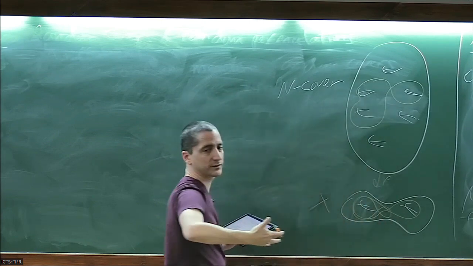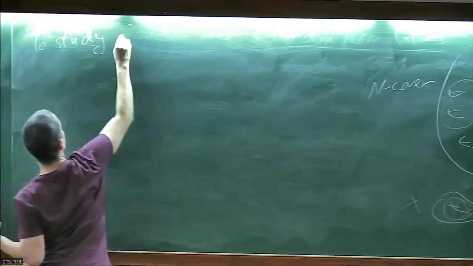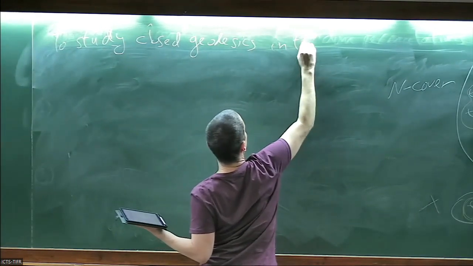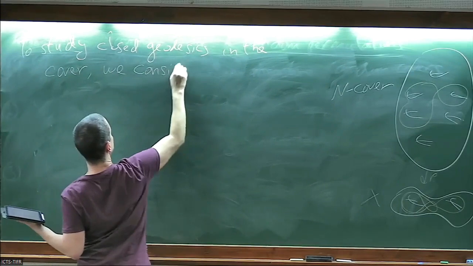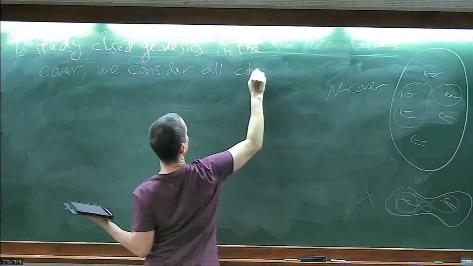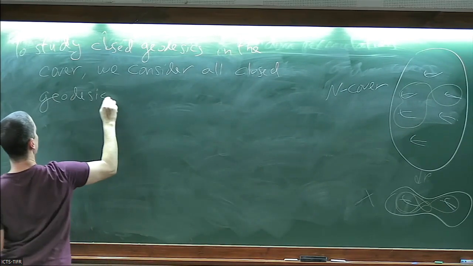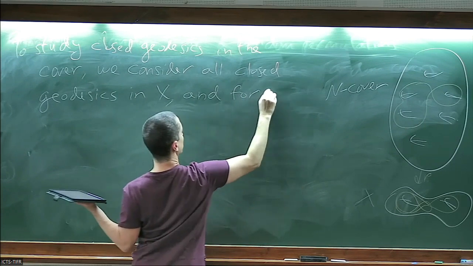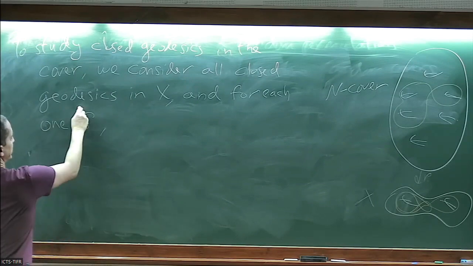But now we can reverse the direction, and we can say that to study closed geodesics in the cover, we consider all closed geodesics in X, and for each one, let's denote it by delta.